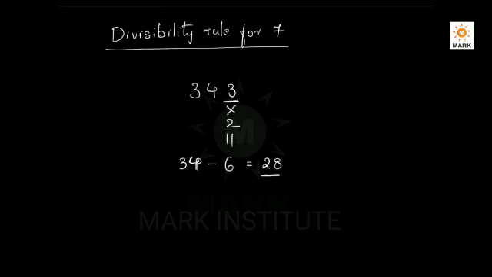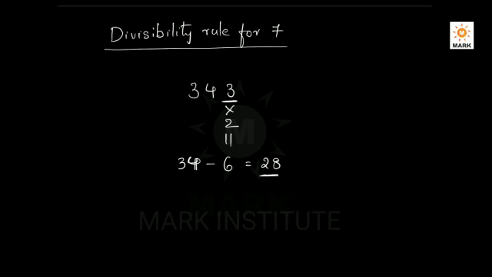If this result is 0, 7 or a multiple of 7, then the original number is exactly divisible by 7. Friends, here we got 28.